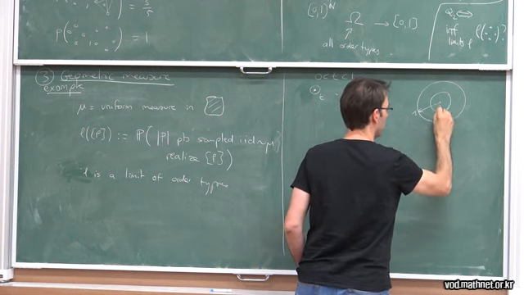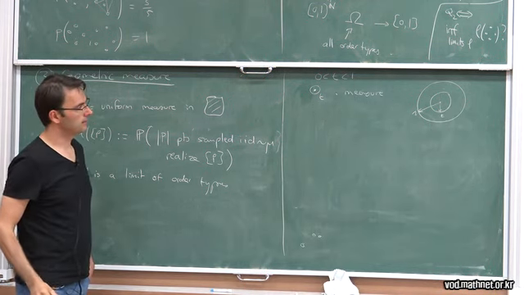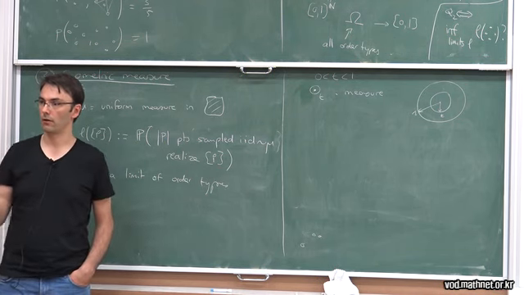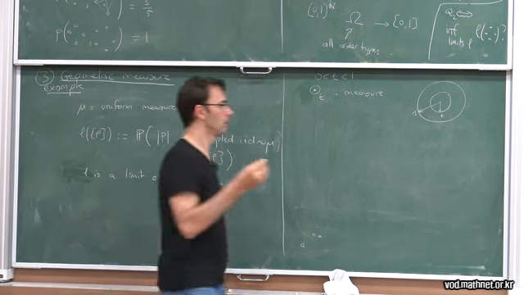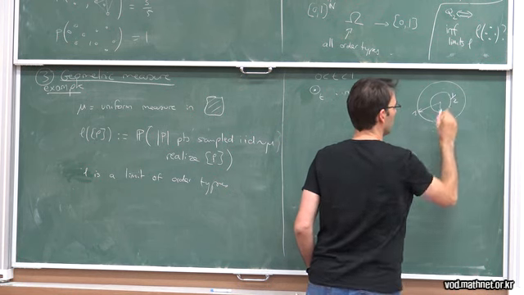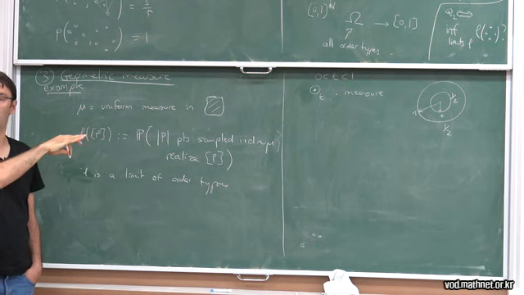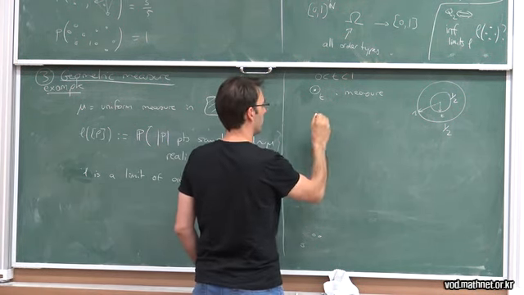The other one has radius t. And my measure is just, first you put half of the measure on each circle, and then it's uniform with respect to Lebesgue. Okay? So 1/2, 1/2 and uniform.